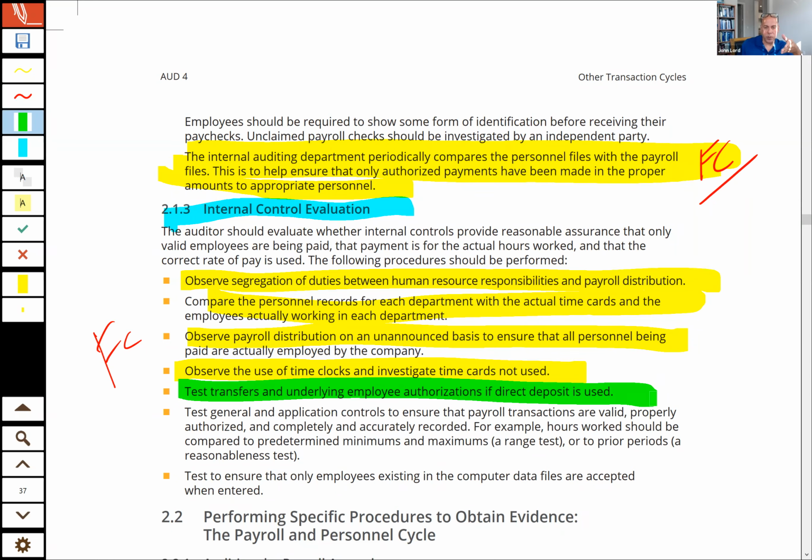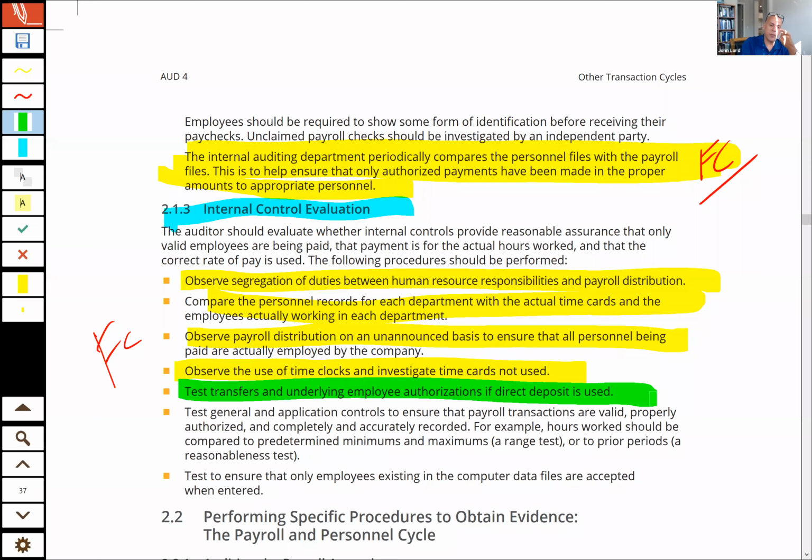So when they first come to work, they're going to fill out a W-4. They're going to indicate different things on that, and you will be able to see that they also at that time filled out the direct deposit authorization. Then you'll see the bank account number that's on there. And then you can look and see that when they make the distributions through the direct deposit, did that actually go through to that bank account?